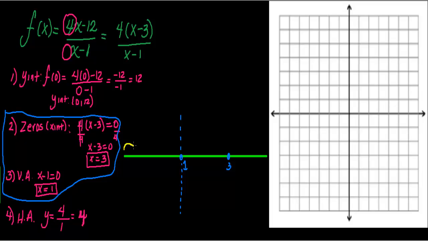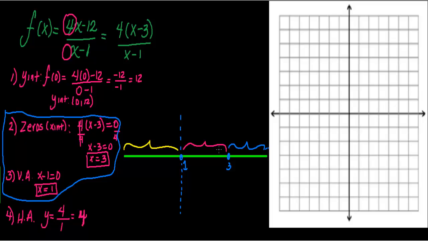Here's one interval from negative infinity all the way to 1. There's another interval between 1 and 3, and there's another interval between 3 and positive infinity. Okay? So I have 3 regions that I have to test.